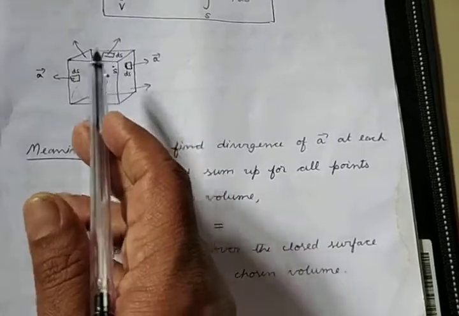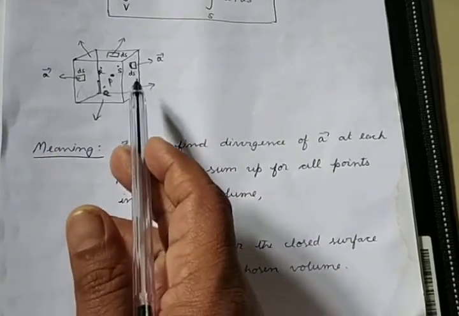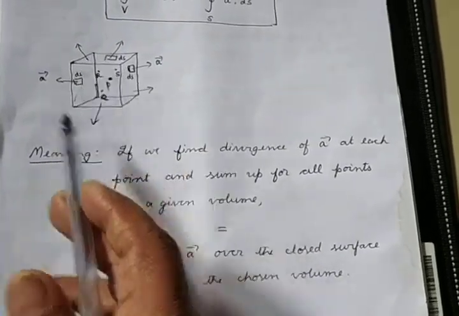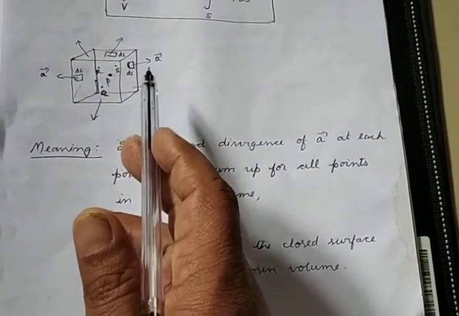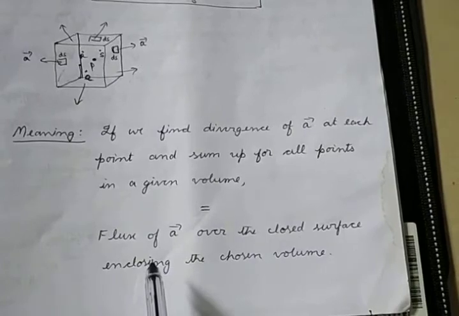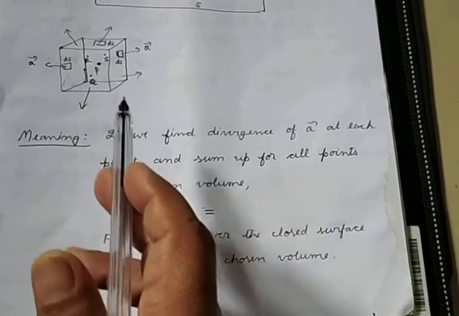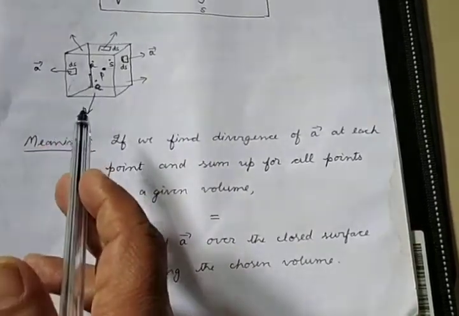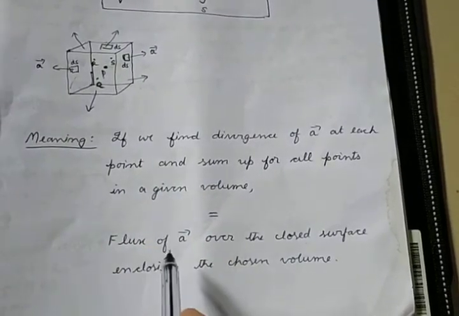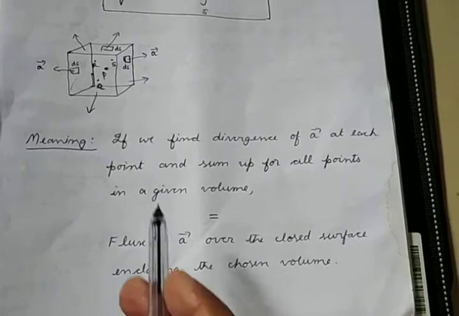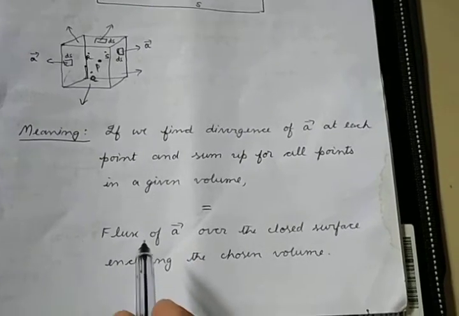Over the surface which encloses this volume we are finding the outward flux, that is A bar dot ds bar. If we do this calculation over the whole surface, then these two calculations are one and the same, both give us the same result. So that is the meaning of the Gauss Divergence Theorem.